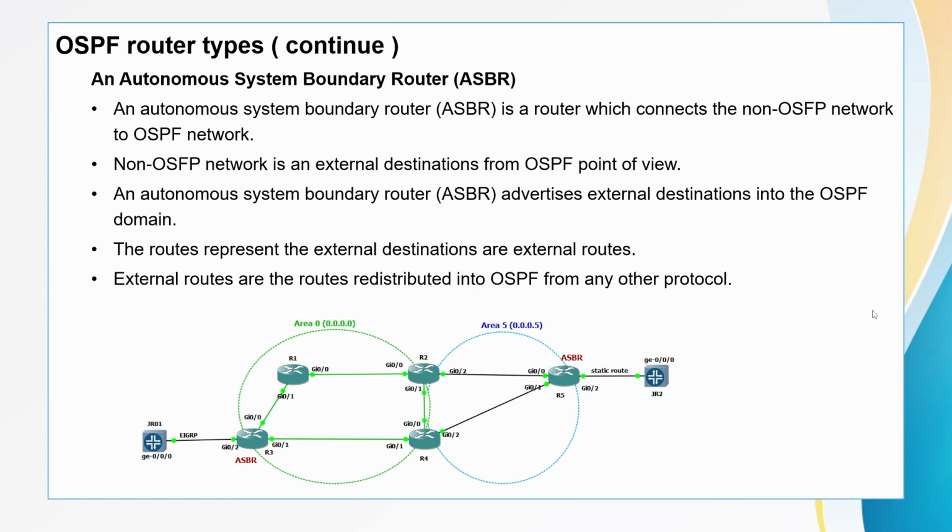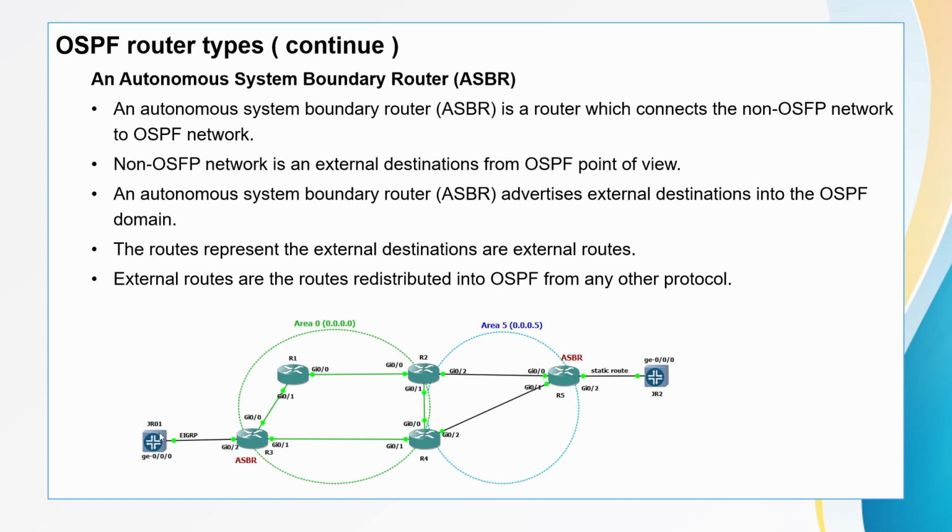So you can take a look at the diagram below. On the left-hand side, here is router R3. It is an ASBR. The reason is R3 connects to a Juniper router on the left.